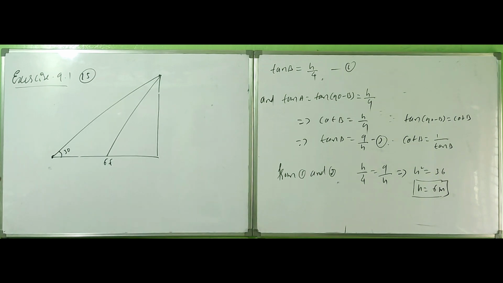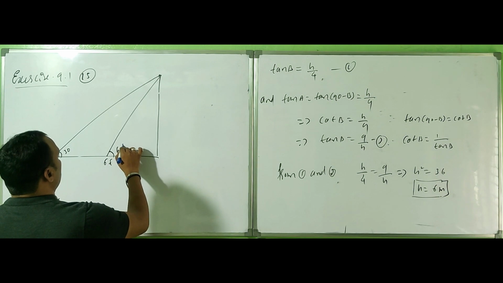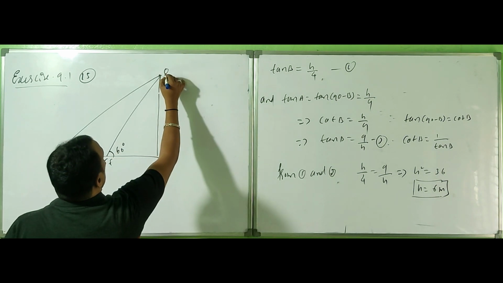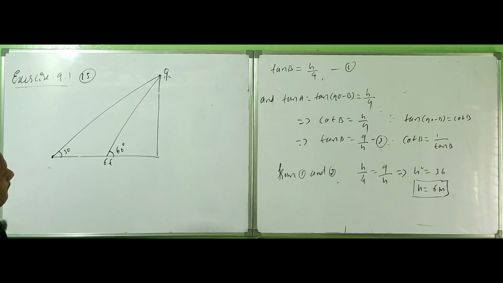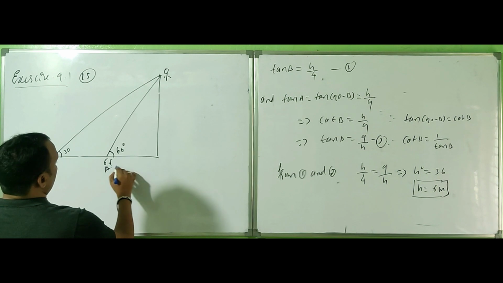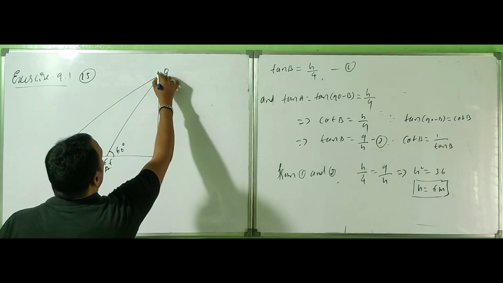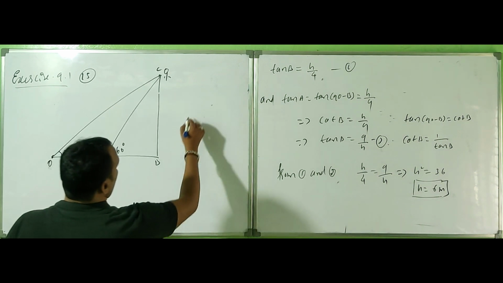The person is here. The labels are not necessary; you can also write A, B, C. The question is to find the time.